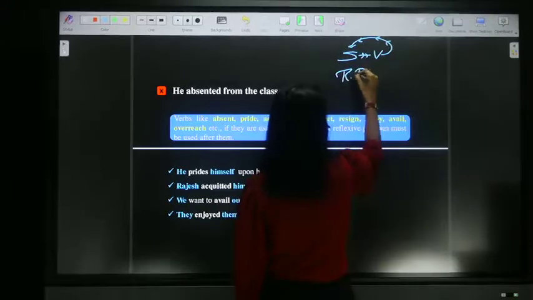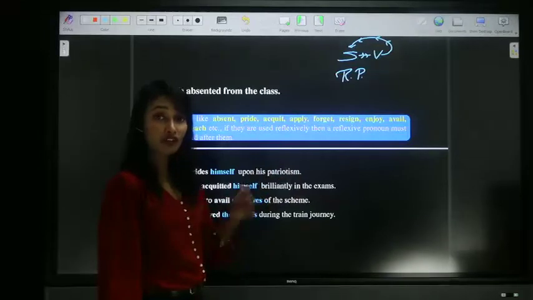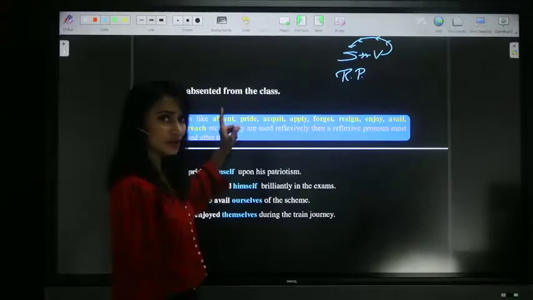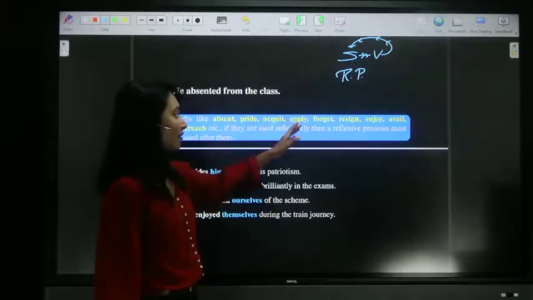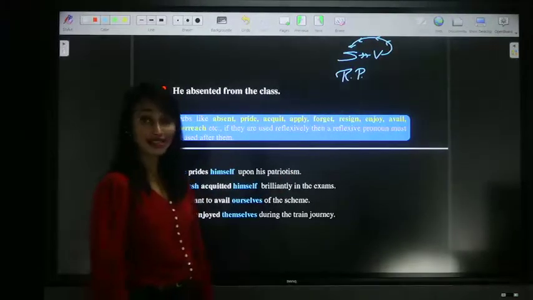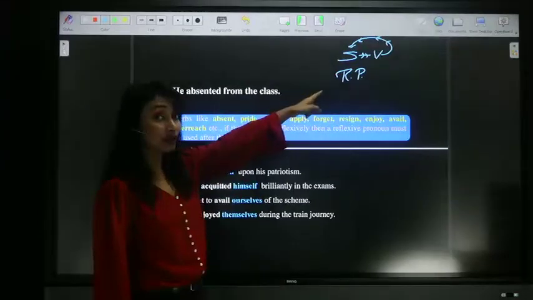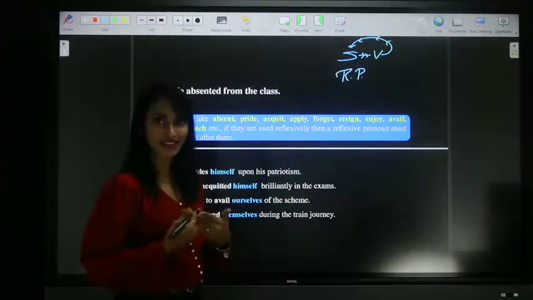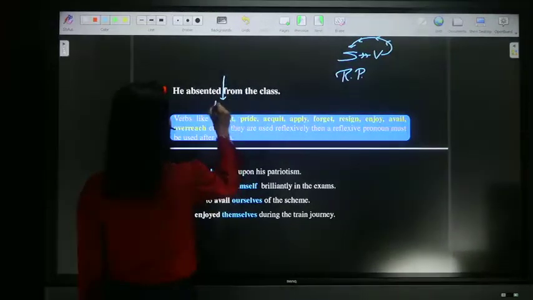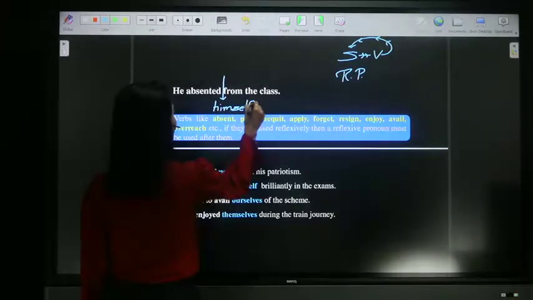When action is done and received by the same person, we must use what type of pronouns? Reflexive pronouns, right? So remember, I'm giving you a list of verbs which are always followed by reflexive pronouns when they are used reflexively: absent, pride, acquit, avail, apply, forget, resign, enjoy, overreach, etc. So the answer should be: he absented himself from the class.